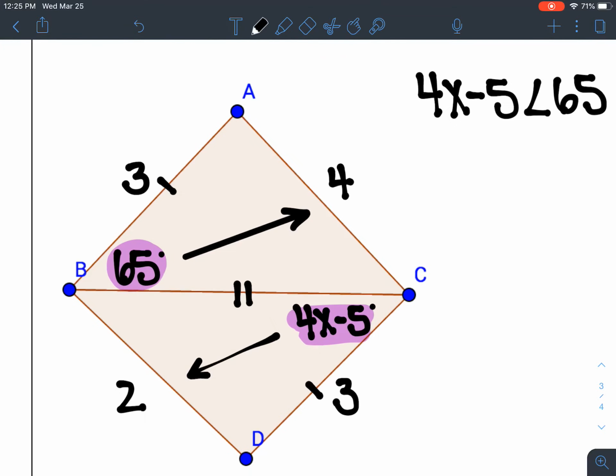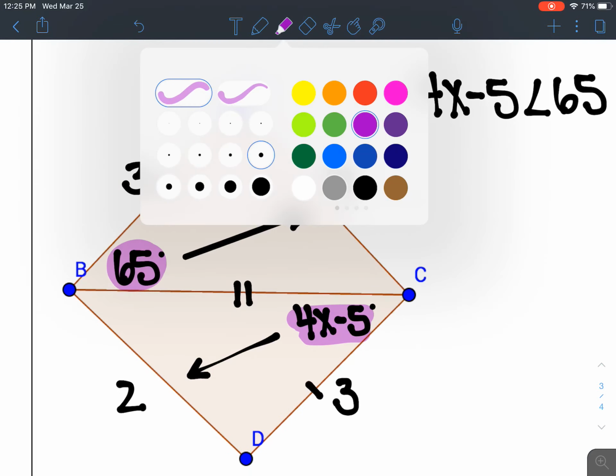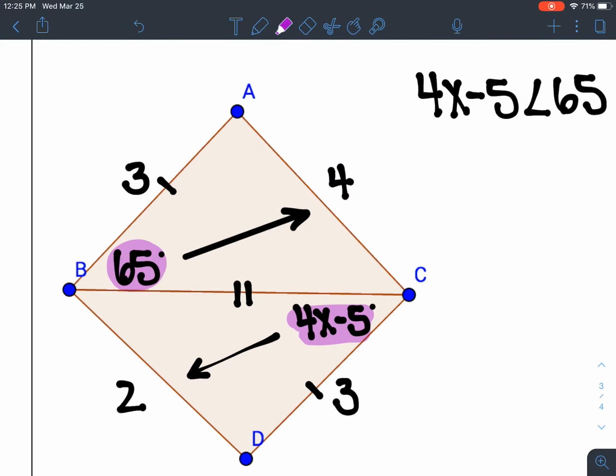Once again, I'm going to re-explain that. I know that because this 4x minus 5 is opposite of the 2, and this 65 is opposite of the 4, this angle right here has to be less than this angle up here. So using the expressions that we're given, the 4x minus 5 has to be less than the 65, okay?